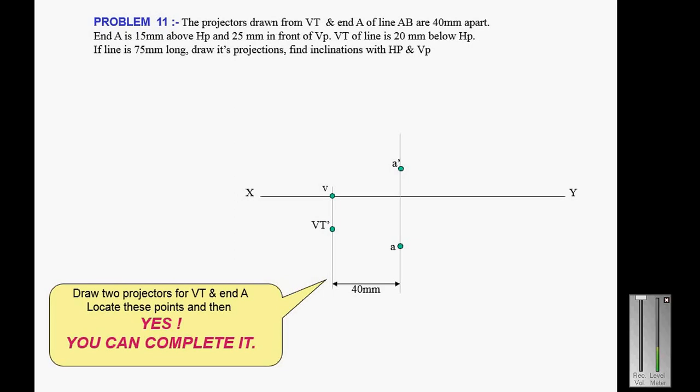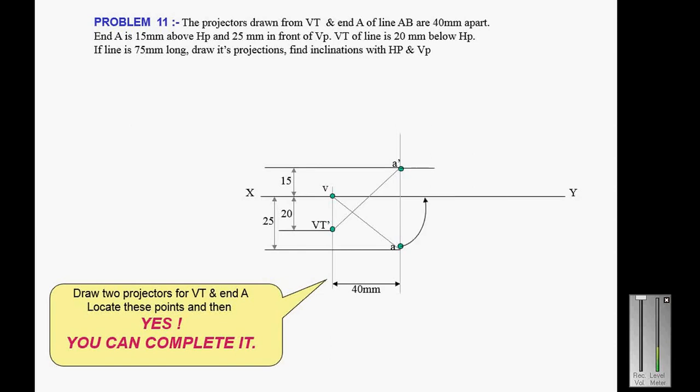Draw two lines through the vertical trace and the A dash and also A. We know that point A is 15 mm above HP, so A dash will be 15 mm, and the vertical trace is 20 mm below HP. The point A is 25 mm in front of VP, so this is the top view of point A. Then join VT and A dash and V and A.